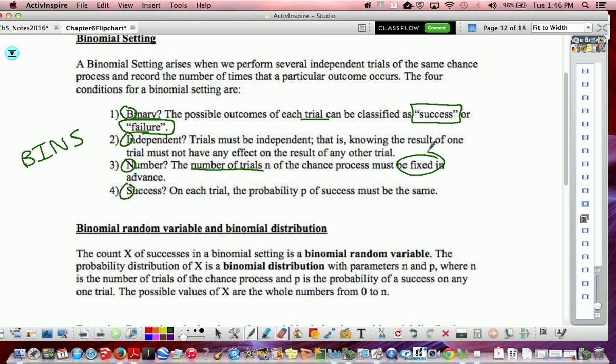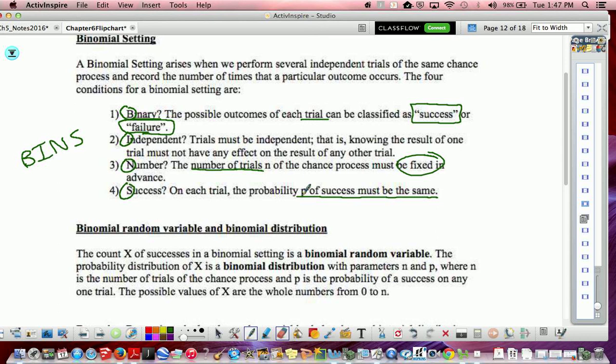It needs to be the same for every single outcome, meaning that probability doesn't change. If I'm rolling a die, getting a 6 always stays 1/6. But if I'm looking at a deck of cards and drawing a red card, if I don't put that card back, the probability changes. So therefore it doesn't become binomial. The probability must be the same for each and every outcome.